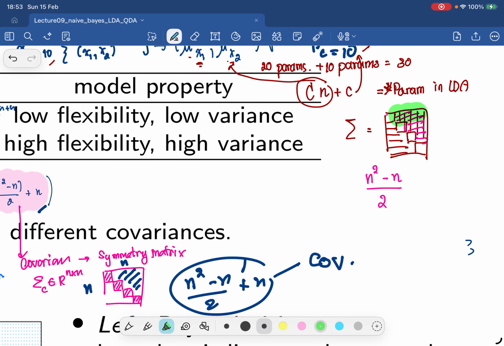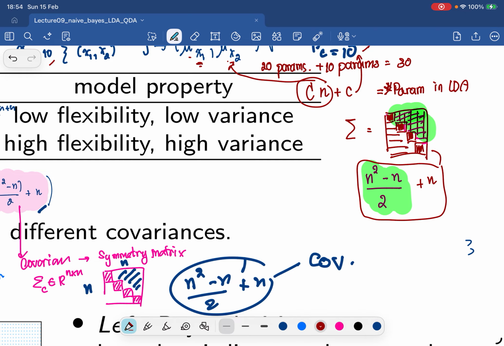Sorry, I'll just use the green color instead. So that's the green term. And because we still need that diagonal term, we add n back. Right, so that's the amount we probably need to compute sigma.